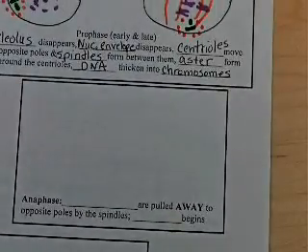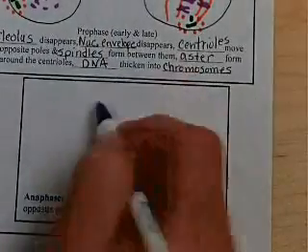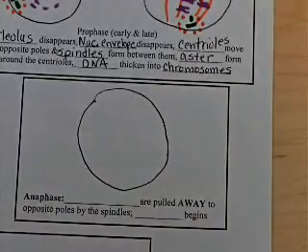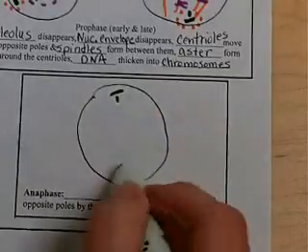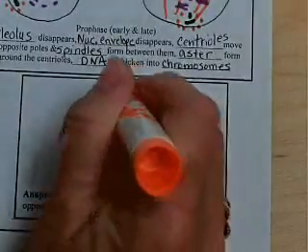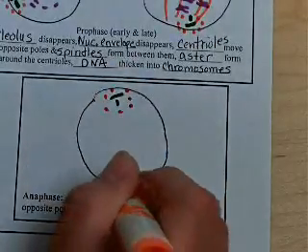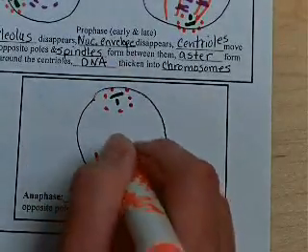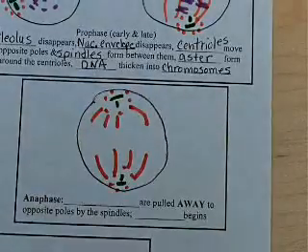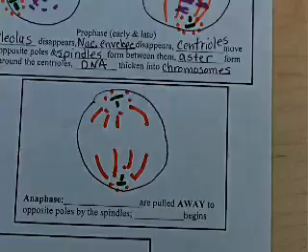So just like with metaphase, we're going to have a cell that has the centrioles at opposite poles, that has the aster fibers around it, and then you're going to see that it's like we're shortening the fishing line, and we're pulling in our sister chromatids to opposite poles.